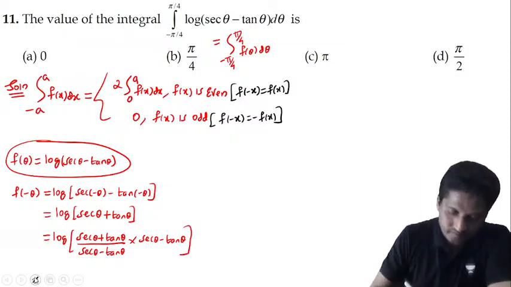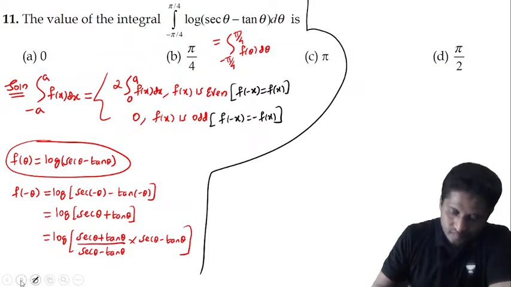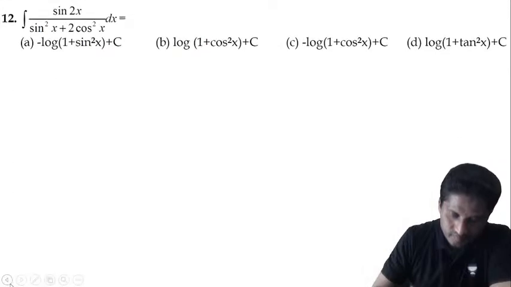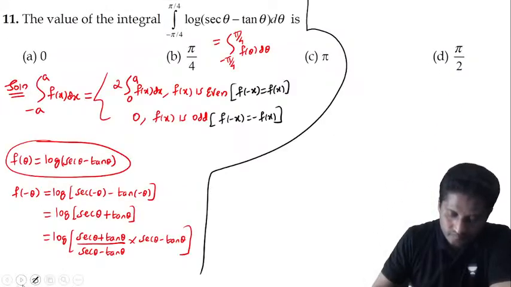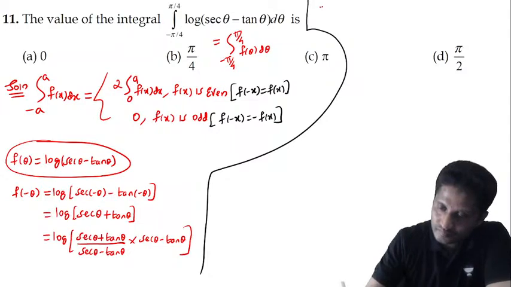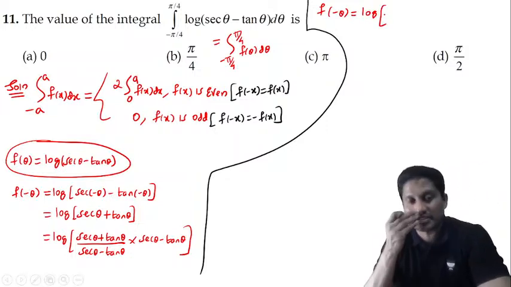This becomes f of minus theta is equal to log of, I'm just multiplying and dividing by sec minus tan.